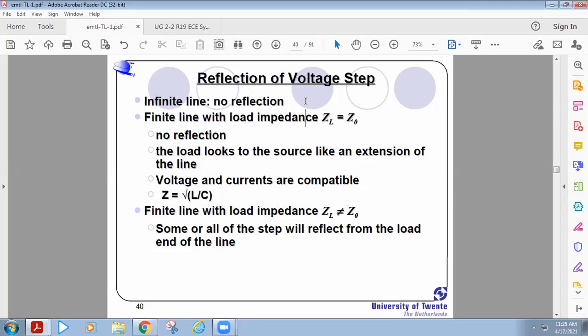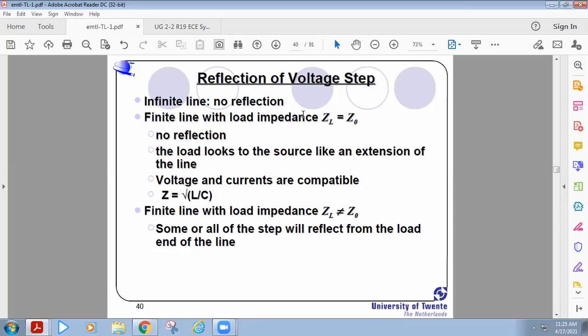And the second point: if the line is a finite line, which has a finite length, and where the load end is connected is known. See here, a finite line with load impedance ZL equal to Z naught.